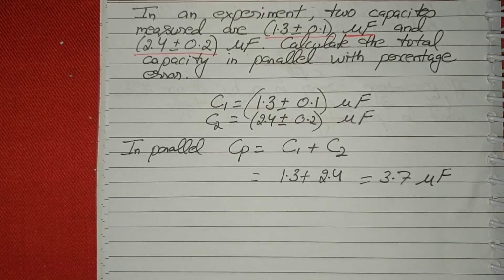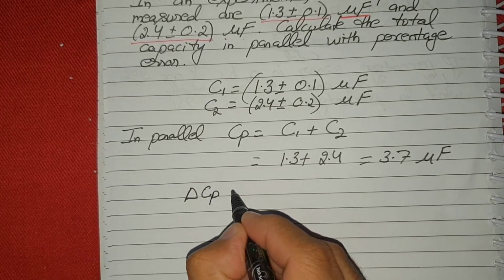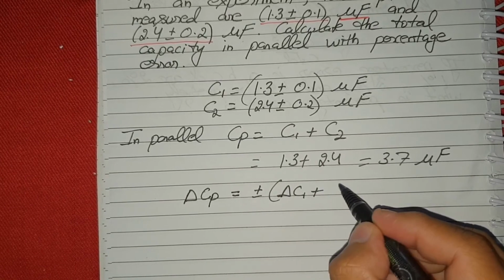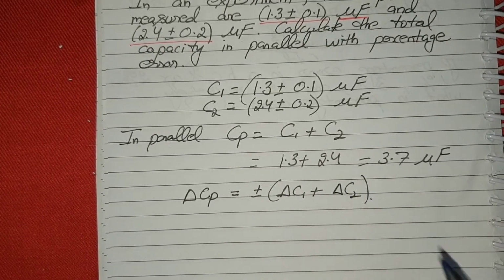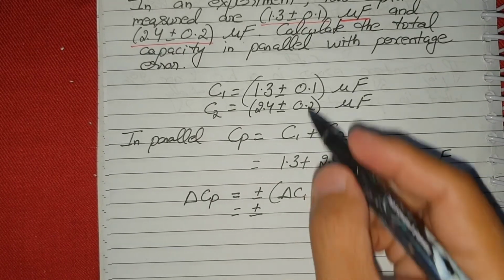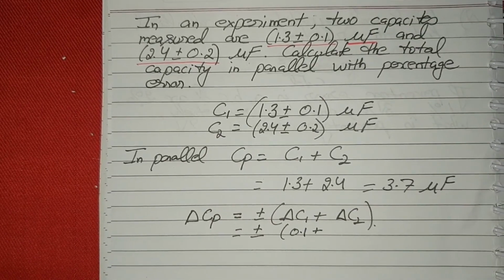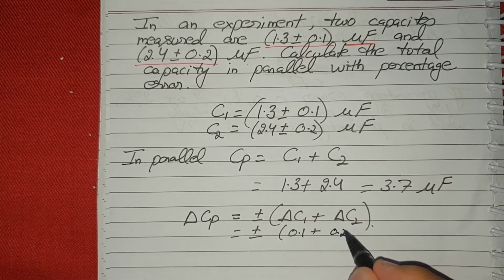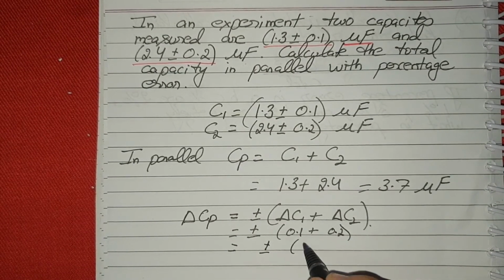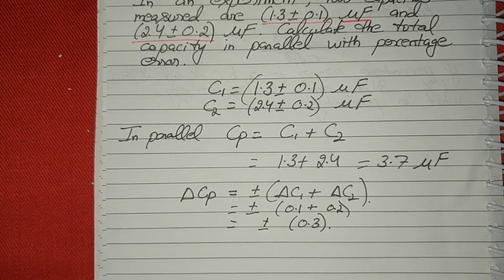Okay, now we have to find delta Cp. As we know, in summation, delta Cp will be plus minus delta C1 plus delta C2. Now just add them: plus minus 0.1 plus 0.2, which is equal to plus minus 0.3. Okay, so this is delta Cp.